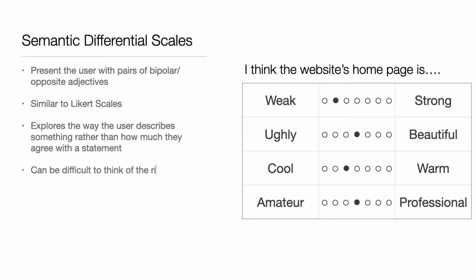Now, these scales can be difficult to think about in the right way because what one person might think of as 2 polar opposites might not be true for everyone. So you've got to really iterate it and work it out. Don't feel that you can just take a stab in the dark. Likert scales are the same, so it is much better to take off-the-shelf metrics and use those instead of creating your own metrics.